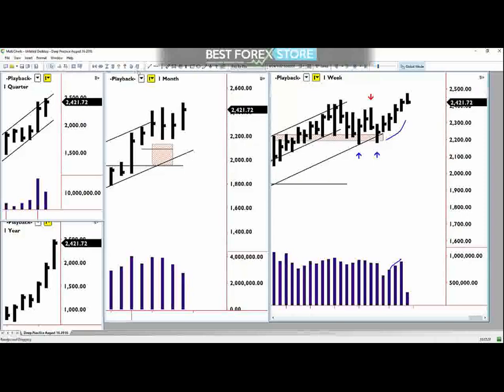And let's put a line on here. And so we see this is a good sign in here. The market pushing up and volume coming up as we approach this resistance level. This is a bullish indication, and we can see it on the monthly as well.